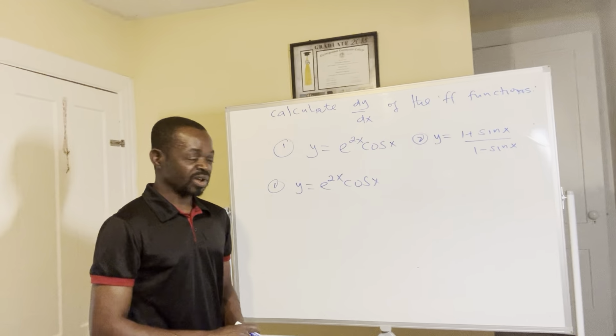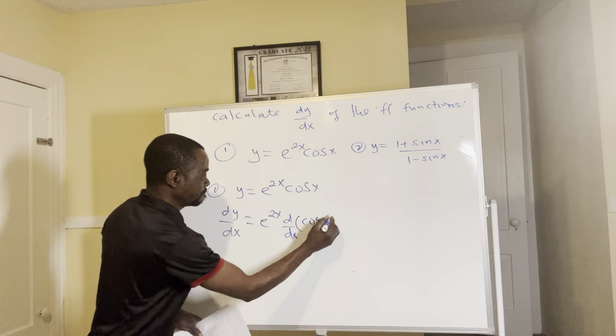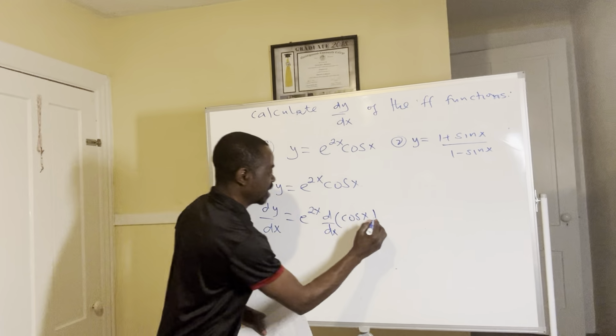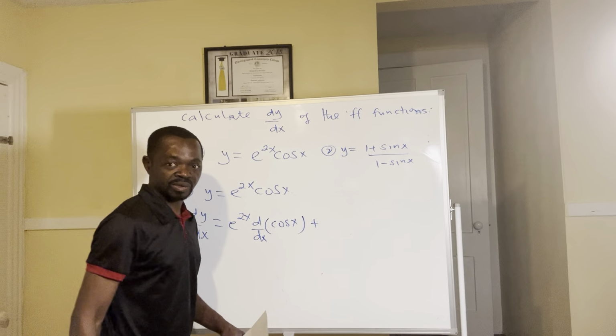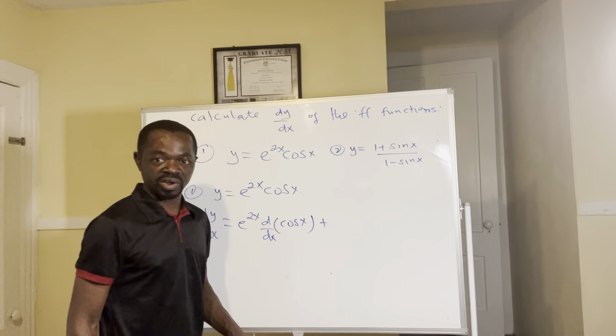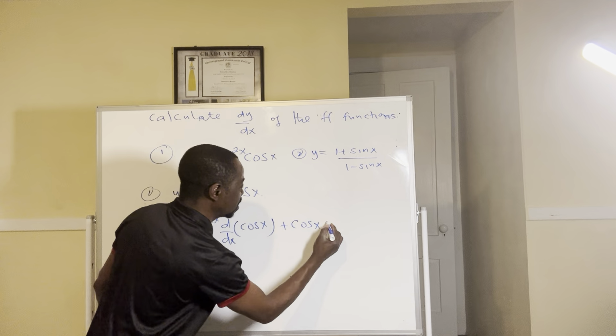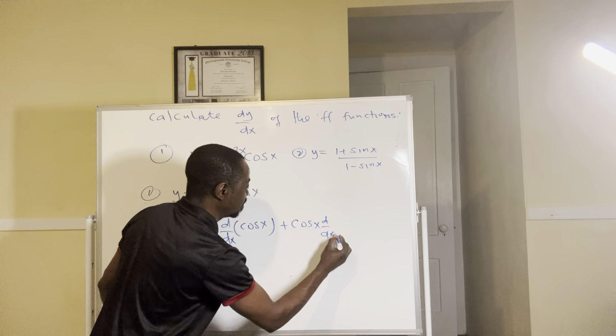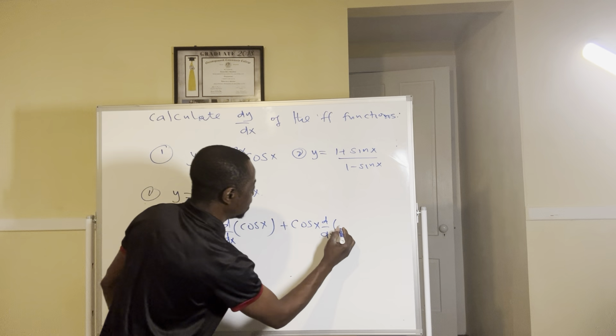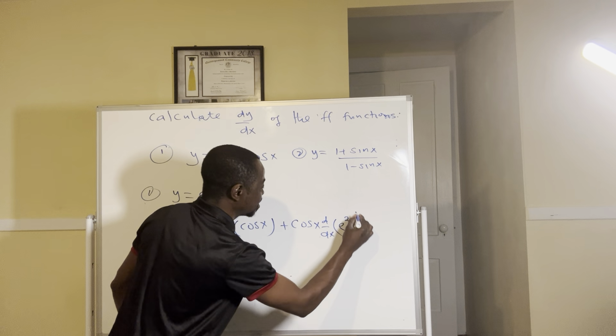Cos of x. Then plus, because it's a product, we use the product rule: we hold the second guy as constant, then we differentiate the first guy. So cos of x, then d/dx of e to the power 2x.